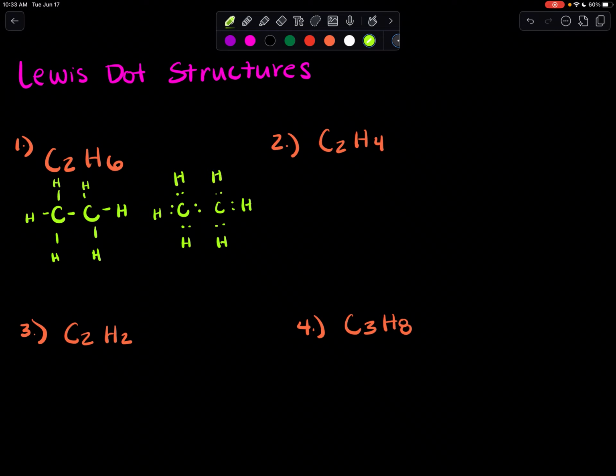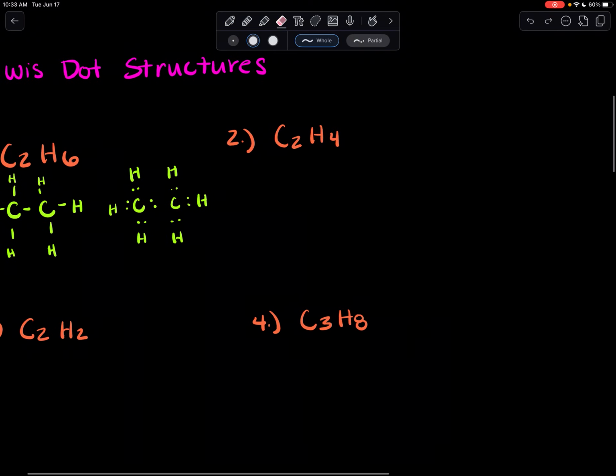Let's look. All right, so this carbon has 8 individual electrons surrounding it. So does this carbon, the one to the right. So we are good. This carbon and the other carbon are both fine. All right, so that would be our Lewis dot structure.